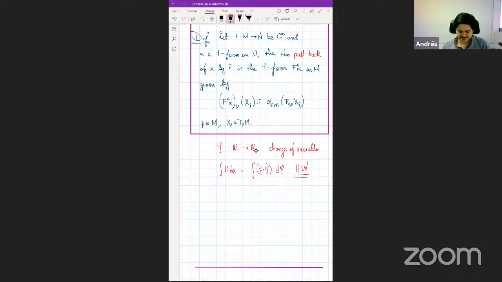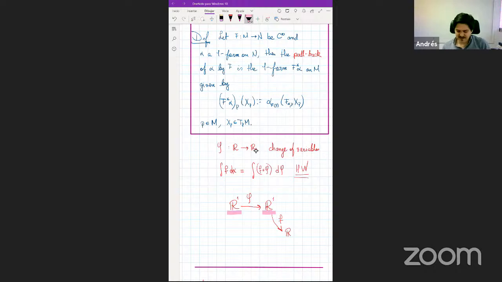So the idea is, let's say this is where you want to integrate over this and also over this.